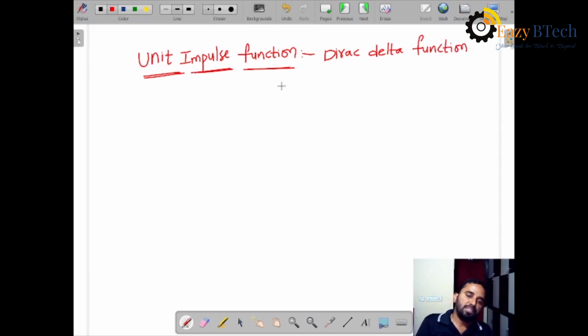It is represented mathematically as del of t. And if you see the signal, I am plotting it with the x-axis as time.